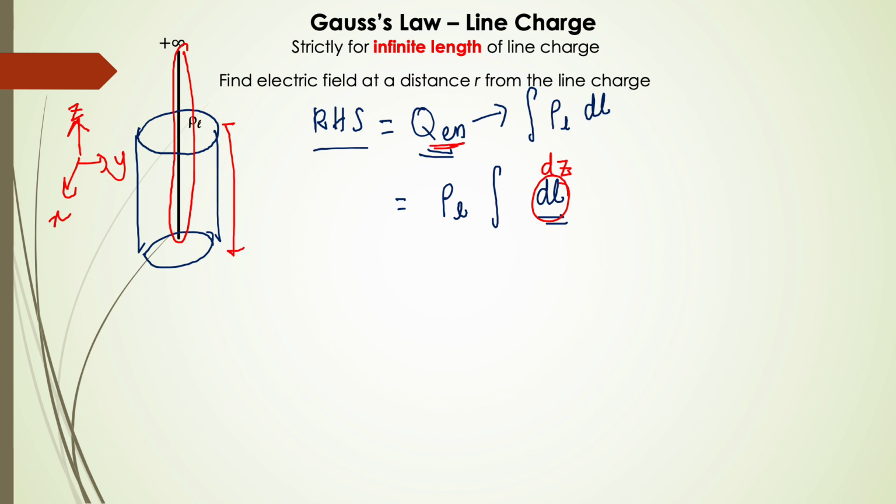Your Q is enclosed in your imaginary surface just now, where the height is given as L. So therefore, the limit is 0 until L. If we solve this, your Q enclosed will be rho L, L.